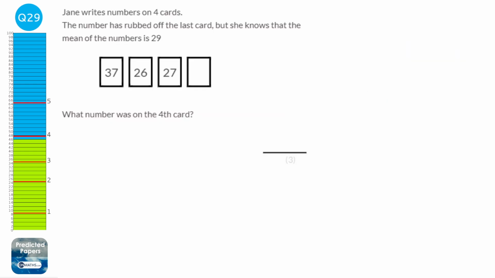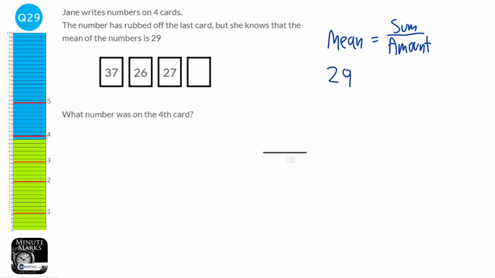233%. So we know that the mean is the sum of numbers over the amount. But in this question, we're actually given what the mean is. We're given that that is 29. We're also given the fact that there are 4 cards, so we're given the amount.